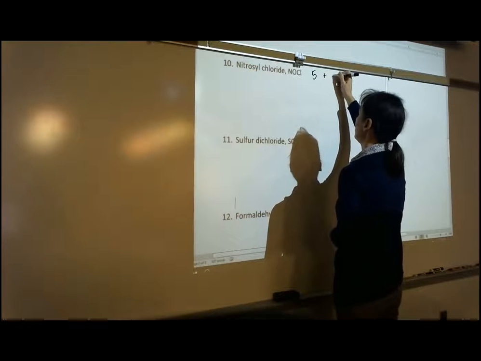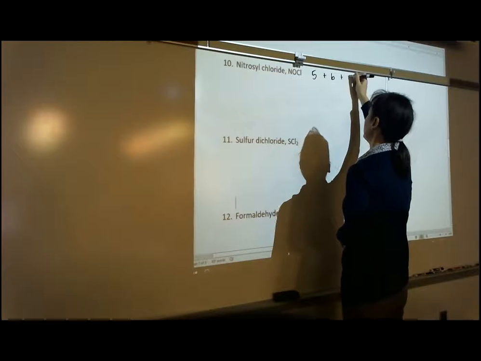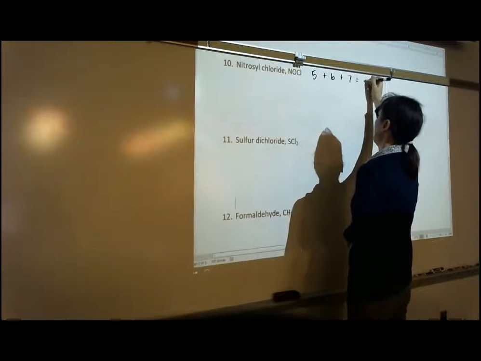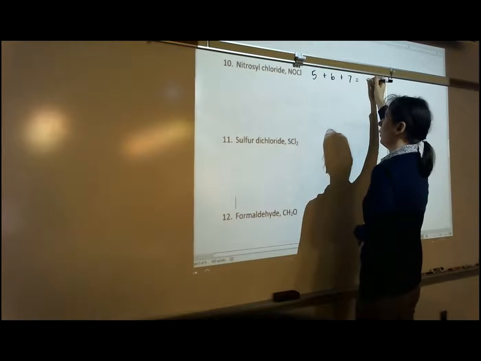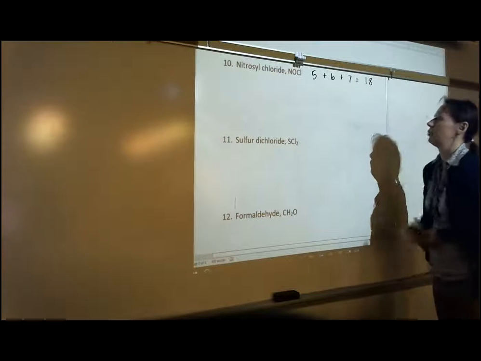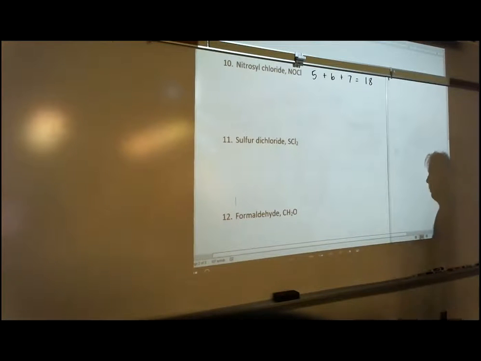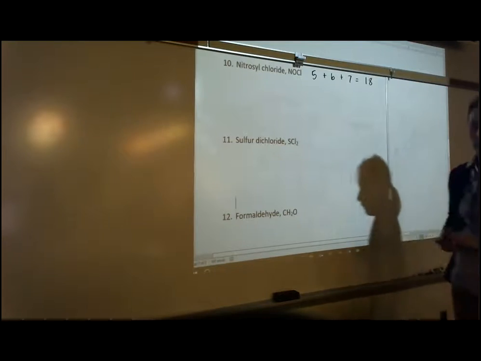Oxygen has 6, and chlorine has 7. So how many am I working with? 18. So do we need to have a central atom conversation here? We do. This is a 3-atom molecule, right?